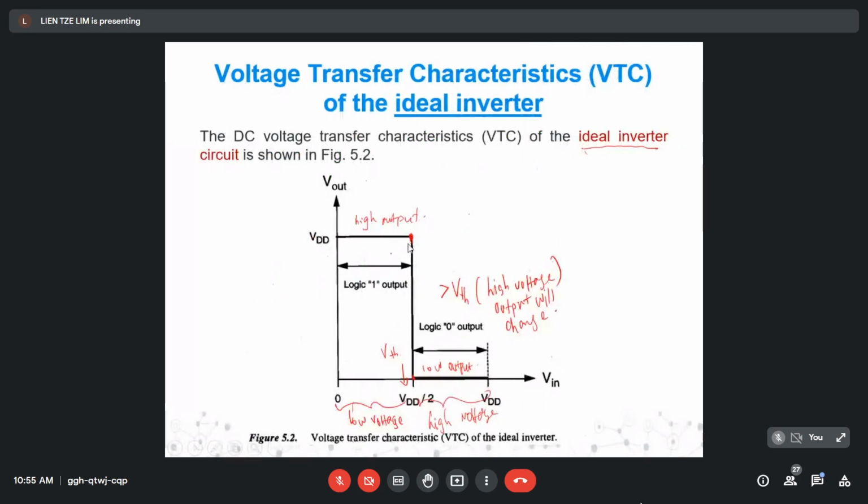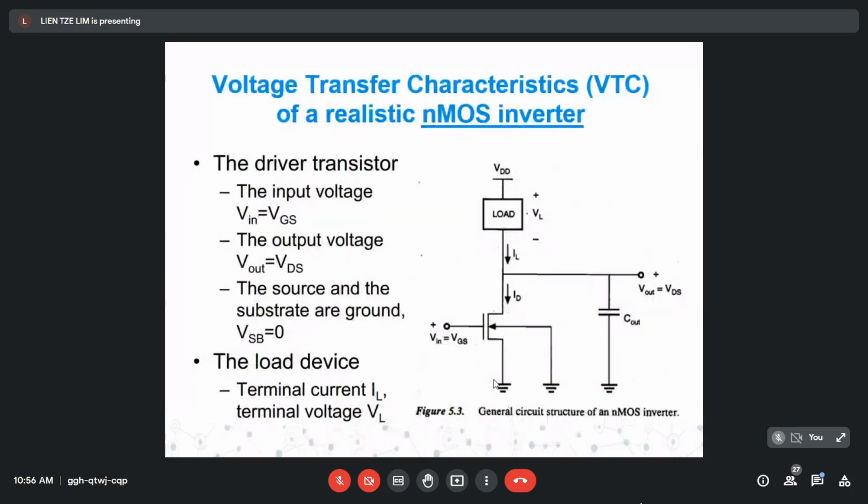For a realistic NMOS inverter, the curve will be a bit different. It is similar, but there are some differences.